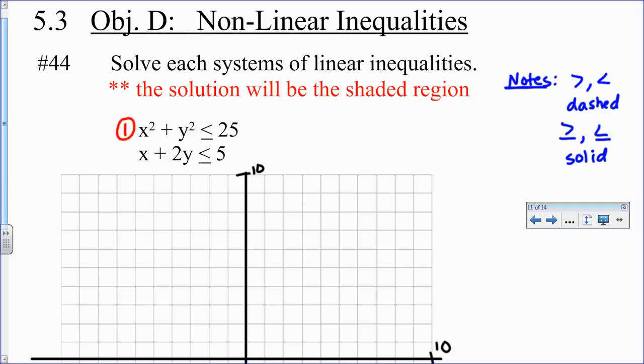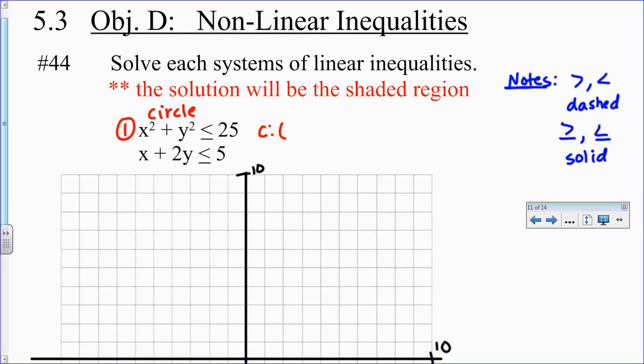So what type of graph is this first inequality? Yes, this is a circle, and will it be a solid or dashed circle? Solid. Good. Okay, so with the circle, you graph the center and radius. So my center, 0, 0.